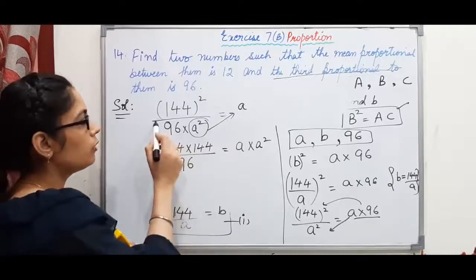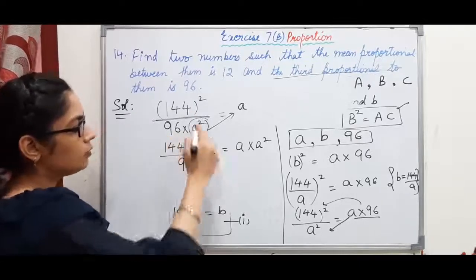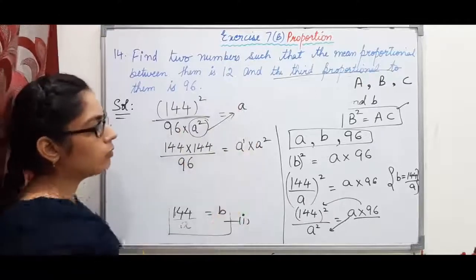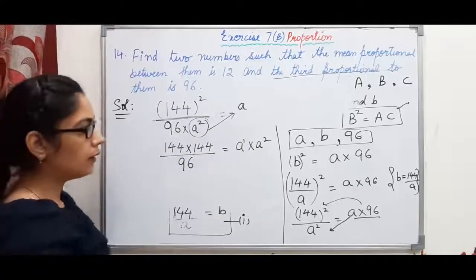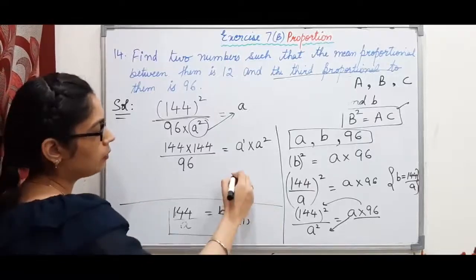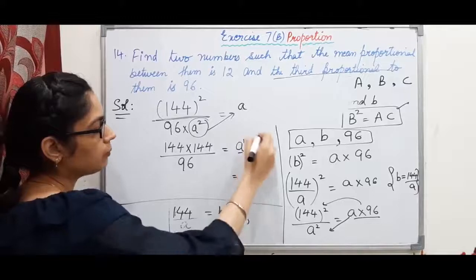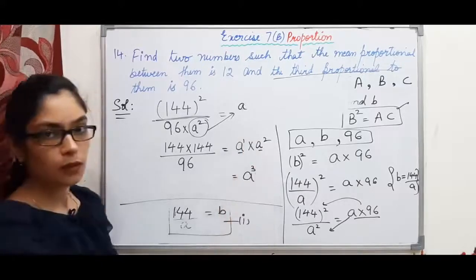With 144 it is getting divided, so if we change its side it will get multiplied. Now A to the power 1, A means A to the power 1, and into A to the power 2. So bases are the same, powers we can add. So 1 plus 2 is 3, A cube.